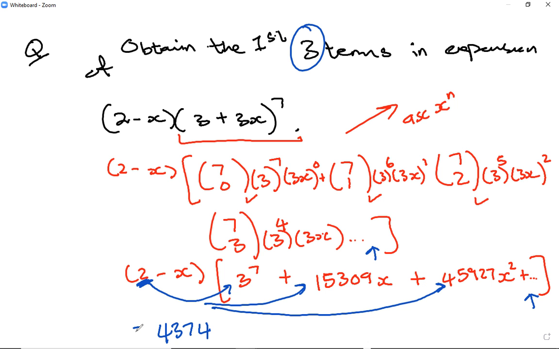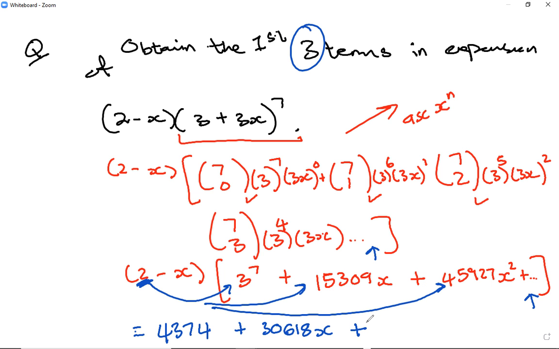And now we'll be finalizing the question. This is the last step. Then 15,309 times 2 comes to 30,618. 30,618 x.